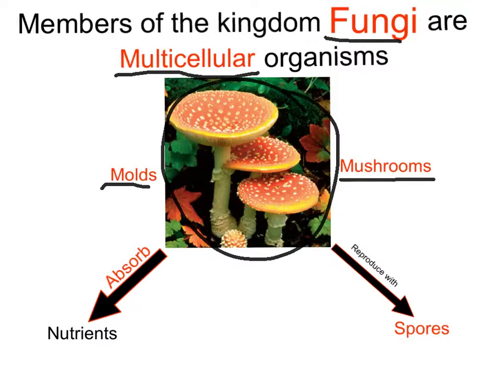Unlike plants, fungi do not perform photosynthesis, and they do not eat food like animals. Fungi absorb their nutrients using digestive juices from surrounding substances. Fungi cannot move, and they must reproduce by using spores.